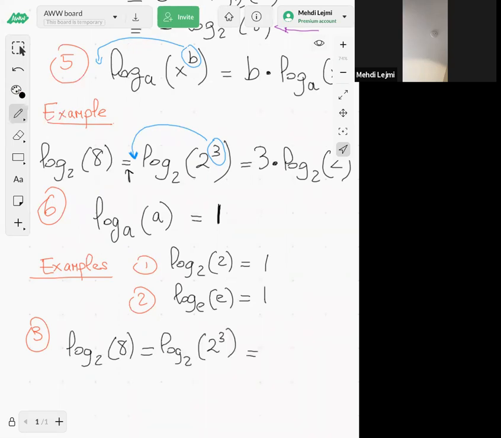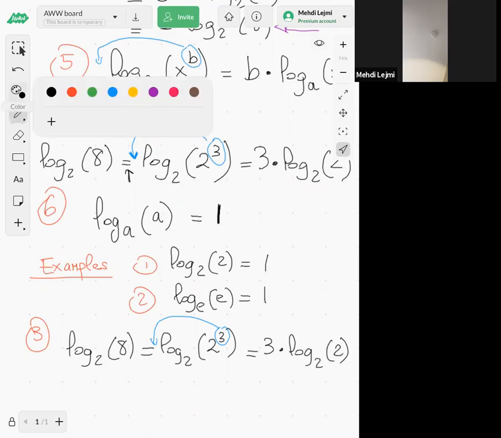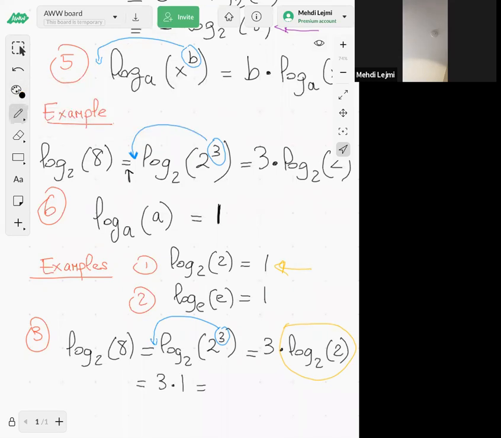And then we said when you have a log of some number to some power, you can bring down this power in front of the log. So that'll be 3 times log in base 2 of 2. But this log in base 2 of 2 will be equal to 1, right? That's what we just said: the log in base A of A is 1. So that's 3 times 1, which is equal to 3.